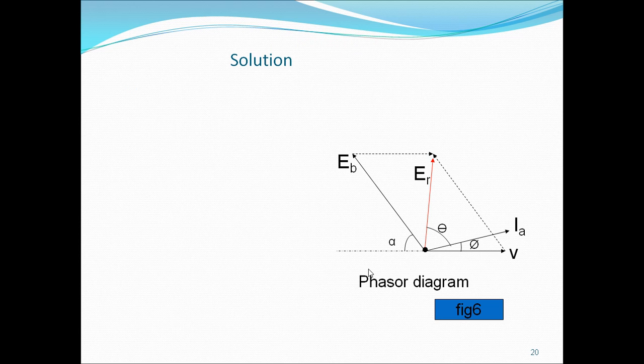So this is the vector diagram. As this is leading, the current leads the voltage by an angle phi.